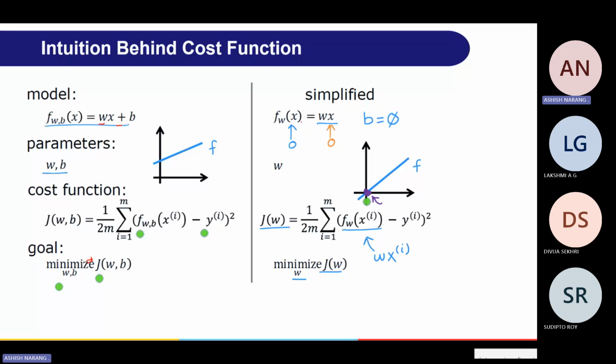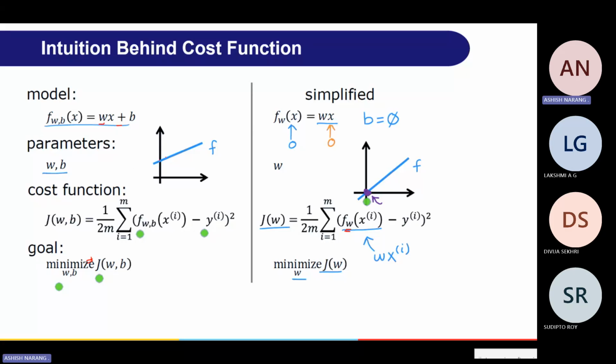So now when there is no b, this function becomes only a function of w, not a function of b. So you simply write w x i minus y i, squared. That's all, right? Now we want to minimize J w because b is anyway 0. Here b is something.